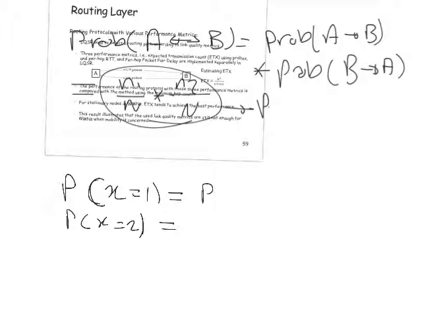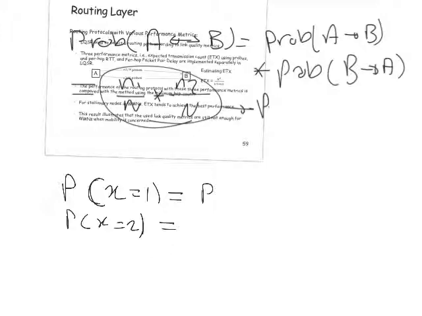What is the probability that the packet fails? Fails the second time? No, fails the first time. The probability that the packet succeeds is P. The summation of the probabilities is always 1. It's 1 minus P, whatever P is.